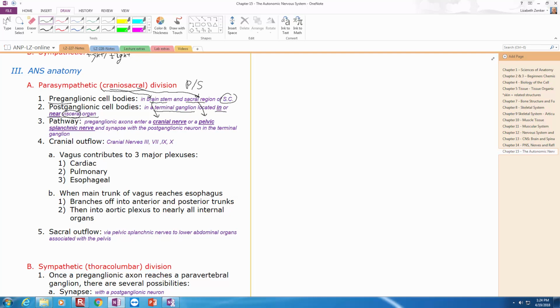The weird thing about this is, here I am telling you that the parasympathetic is in charge of the cranio and sacral area. So those are at like the top and the bottom of your spinal cord, if you will, right? And I'm going to show you guys in a minute that the sympathetic is like in the middle of the body. So a lot of things on us are fairly symmetrical, right to left.